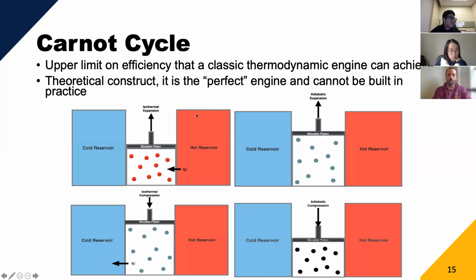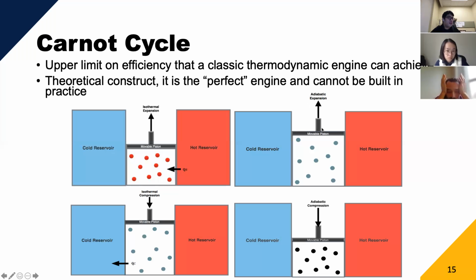But the main idea is you have some kind of hot reservoir here, right? This reservoir is basically where you're doing your combustion and increasing the temperature. And what this does is you have a perfect isothermal expansion. As you have heat energy going in here, that's going to move the piston up.